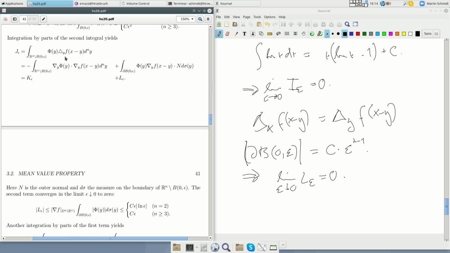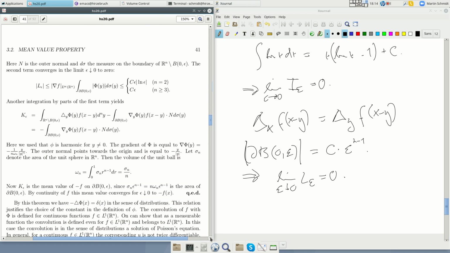Now we do a second integration by parts, because we also want to move this over to use that this is harmonic outside of 0. So we do a second integration by parts, then we get this term, since minus minus gives plus, and we get this boundary term.